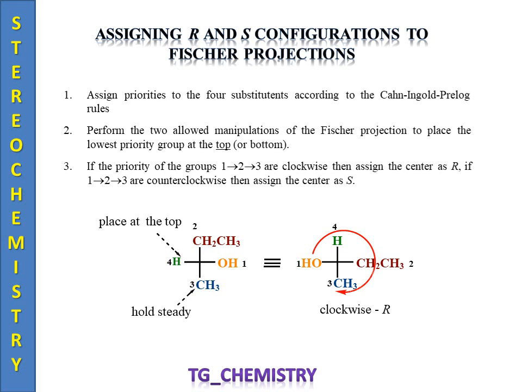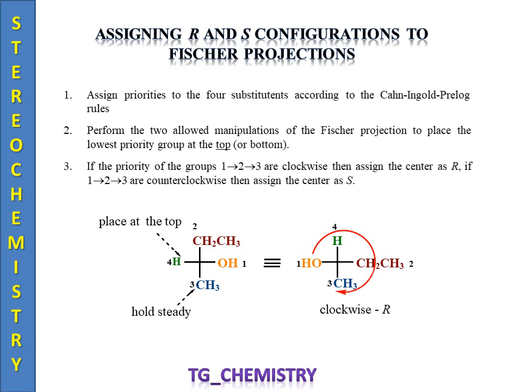The second is you need to perform the two allowed manipulations of the Fischer projection to place the lowest priority group at the top or at the bottom. What does that mean? That means you need to keep the lowest priority group away from the viewer, below the plane, or in the dashed line.